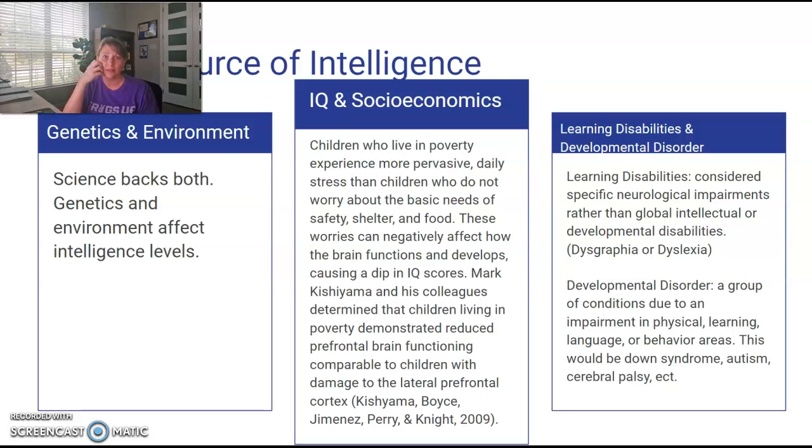There's an issue with how you develop. Down syndrome is an extra chromosome. Autism is a processing disorder. And cerebral palsy is muscle weakness. And it comes from a generalized area of your brain.